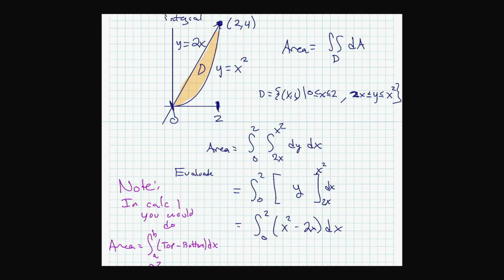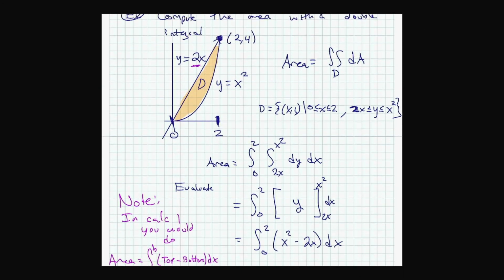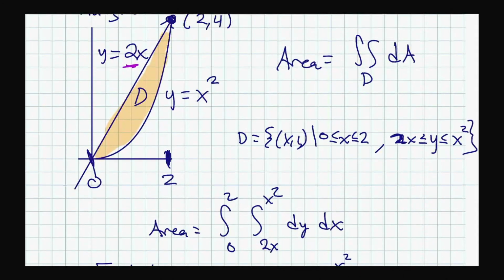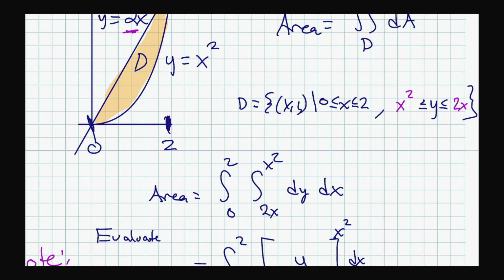Your top curve is that 2x, which as soon as I write that down, I realize I switched this order here. x is between 0 and 2. In my head, I was doing left curve, right curve for bottom, top. But this is clearly the top and this is clearly the bottom. So I put those in the wrong order. Oops.